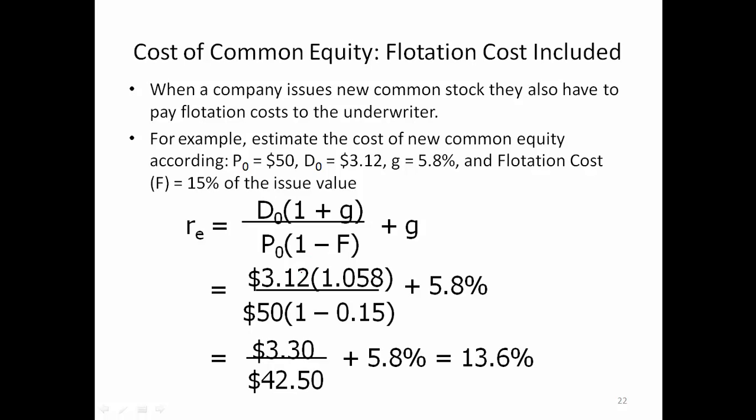So D0 multiplied by 1 plus g, and then divided by P0 multiplied by 1 minus F, where F is the 15% flotation cost in this example. We plug in all these numbers, and it turns out the cost of common equity is 13.6% with flotation cost included.